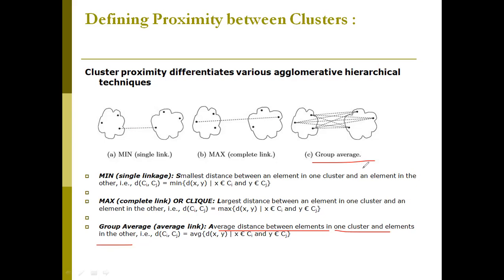So 3 into 3, how many connections is there here? Literally 9 connections, isn't it? By calculating the distance between each and every point with the other points, the average distance between all the points is what is called group average proximity.